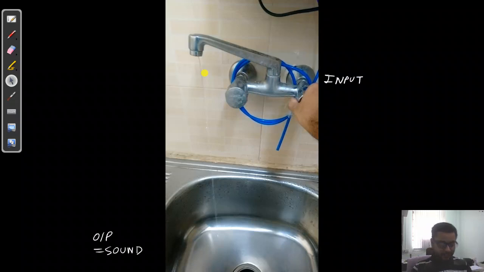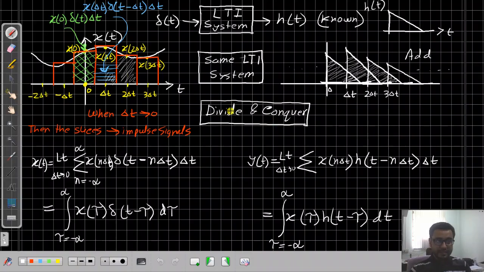This analogy should help you in understanding the idea of breaking an input into a sum of impulses and then adding the impulse responses corresponding to individual impulses to get the total output. So our policy is to divide the input and conquer and get the final output.